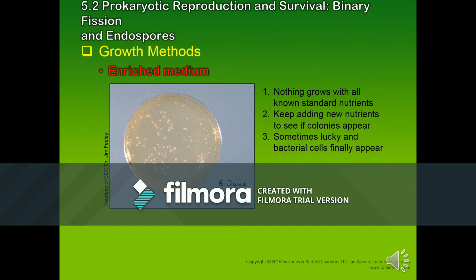A great example of this was for Legionnaire's disease. At first we didn't know what Legionnaire's disease was. We knew it was a type of pneumonia that people were getting, but we couldn't find the bacteria that was causing it. With this enrichment culture, one of the things they did was slowly add different nutrients, and when they added aluminum, they finally got the Legionnaire disease bacteria to grow.